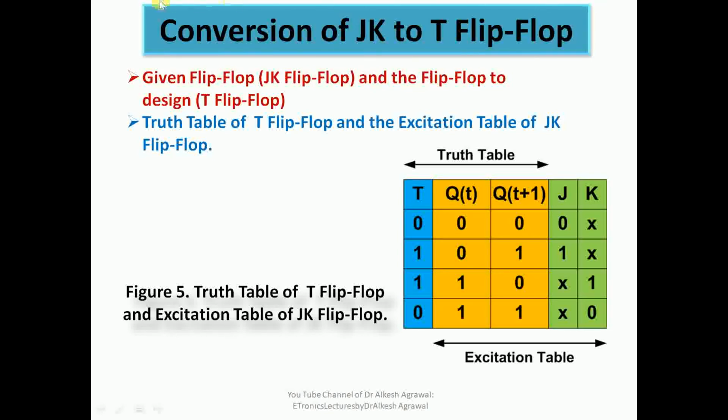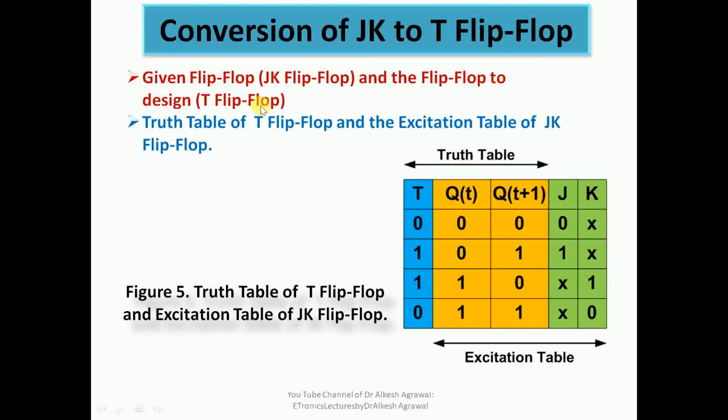Through this interconversion process, we again develop an understanding of how JK is converted into a T flip-flop. So the given flip-flop is the JK flip-flop, and the flip-flop to be designed is the T flip-flop.